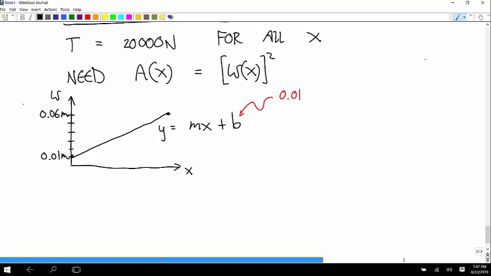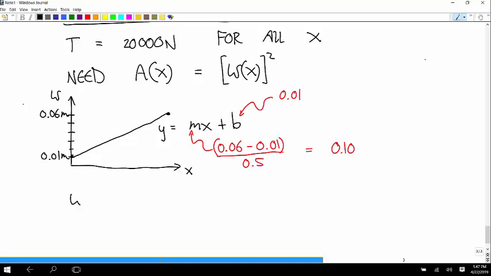The slope is a rise of 0.06 meters minus 0.01 meters divided by a run of 0.5. So for m, 0.05 over 0.5, you have 0.10.